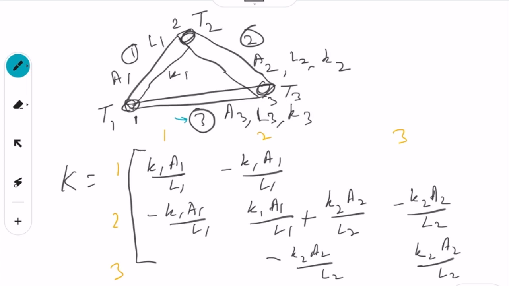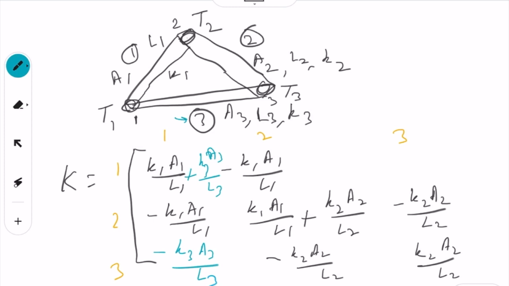So we have to write because of this contribution here. So we have plus K3 A3 over L3, then we have minus K3 A3 over L3.